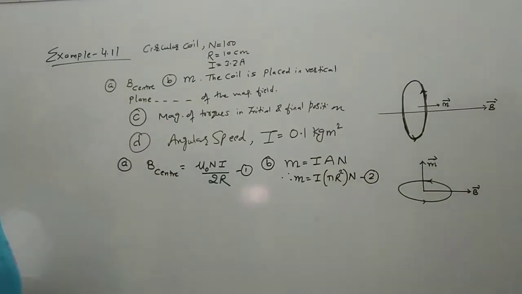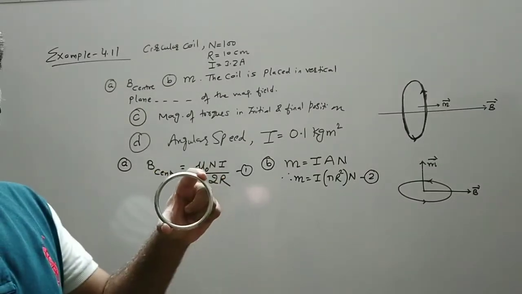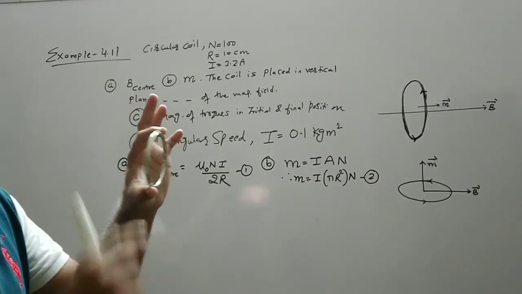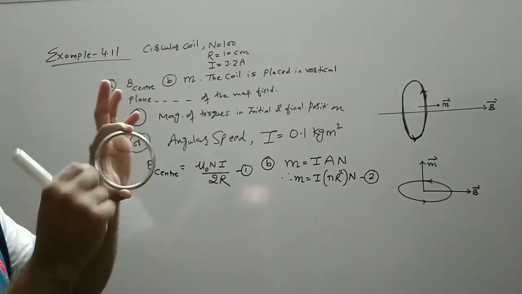Again, all the terms are given. Now if I apply the right hand thumb rule, I can easily find out the direction of the magnetic moment. So here I have taken the coil in the vertical plane, as we did in our theory. The coil is taken in the YZ plane.